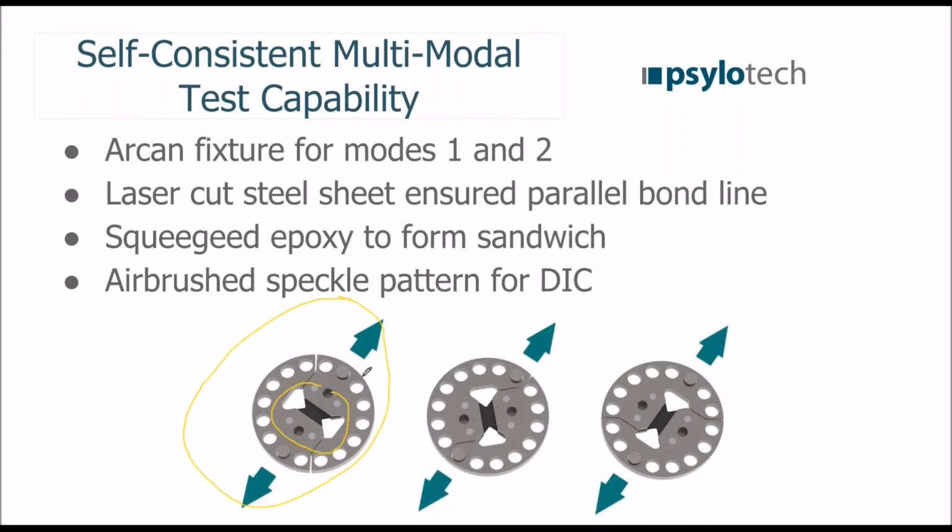You're able to do multimodal, but also just unimodal testing: mixed mode here, tension here, and pure shear here. So it's the same specimen, but you're able to eliminate the geometry effects that could be coming up, and all you have is the material properties. We squeegeed those with the epoxy, and we're able to get pretty uniform specimens that were all clamped very similarly.